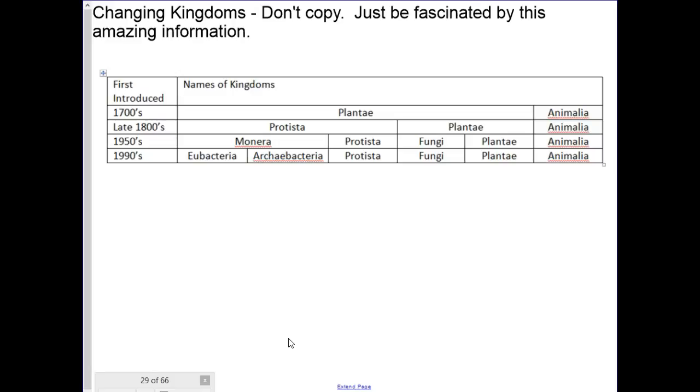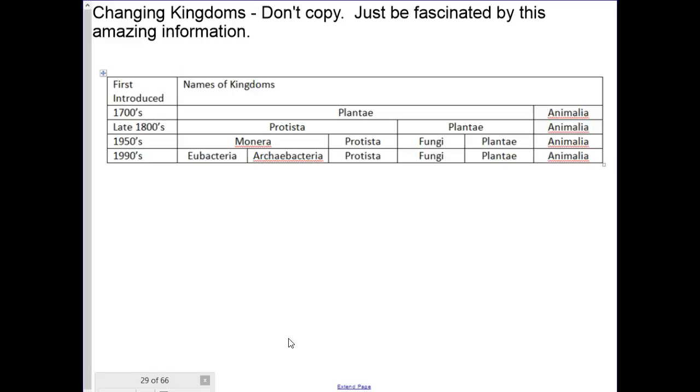Really, really unusual. Then in the 1950s, we start to get the technology to be able to identify and categorize bacteria. So we see an introduction of the Monera kingdom, which is the bacteria kingdom. And then we get into the 1990s, and we start having the technology to determine that the bacteria have unique characteristics genetically and structurally that lead to a further division.